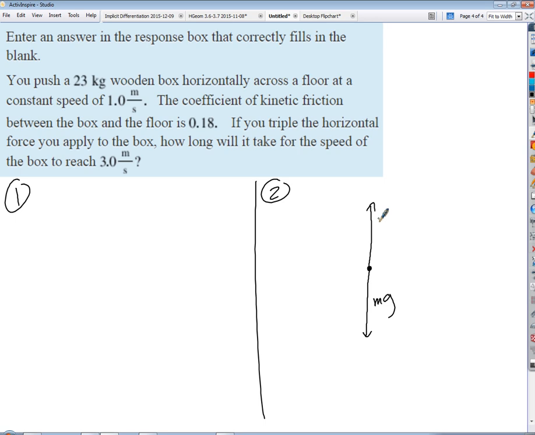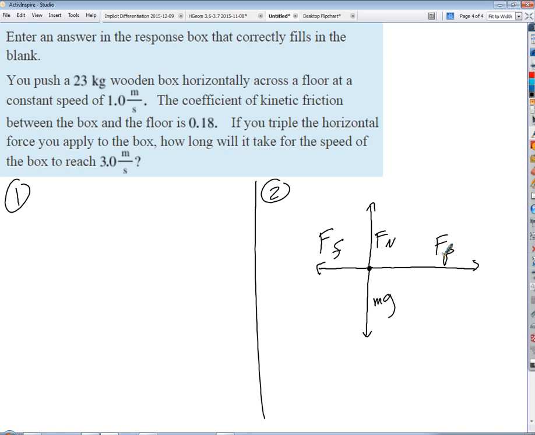What can you tell me about those? They're equal because I'm pushing horizontally, right? I've got some frictional force that's resisting me, and say I'm pushing it in this direction. This is going to be a longer arrow, isn't it? Right? Everybody agree? Okay. That's my pushing force, we'll call that F sub P.